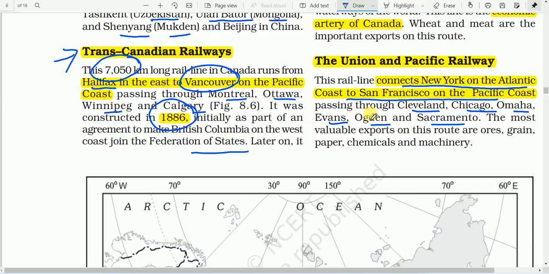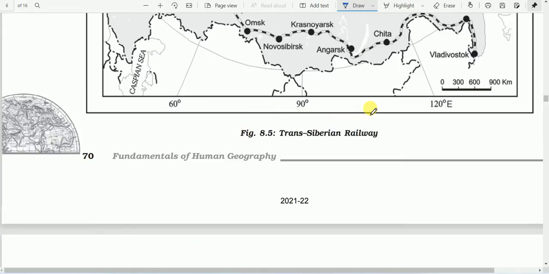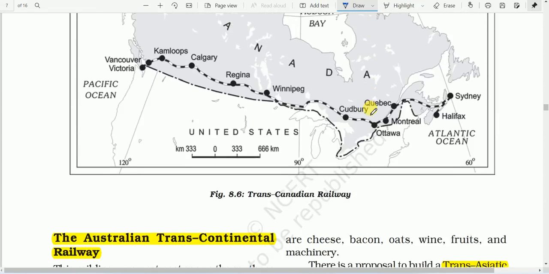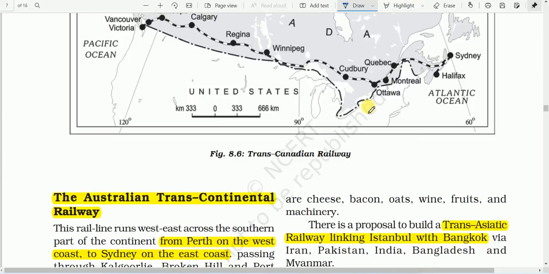You have to remember the two terminals, New York on the Atlantic coast and San Francisco on the Pacific coast. New York is here, San Francisco here, and it is connected like this.